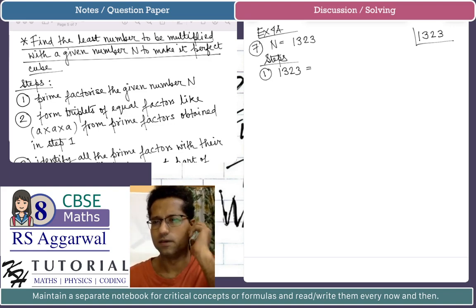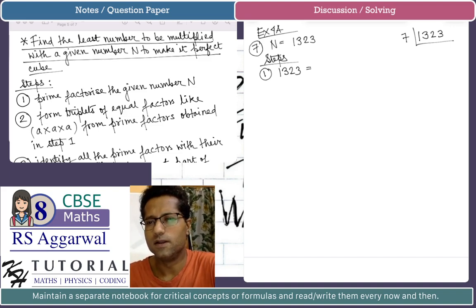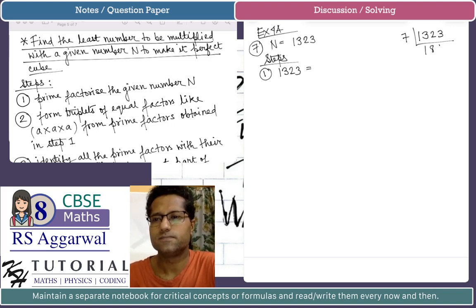Will 1323 be divisible by 7? Yes, it will be divisible by 7. Dividing, we get 189.